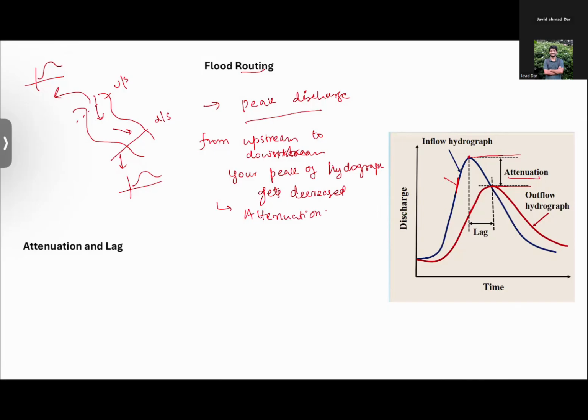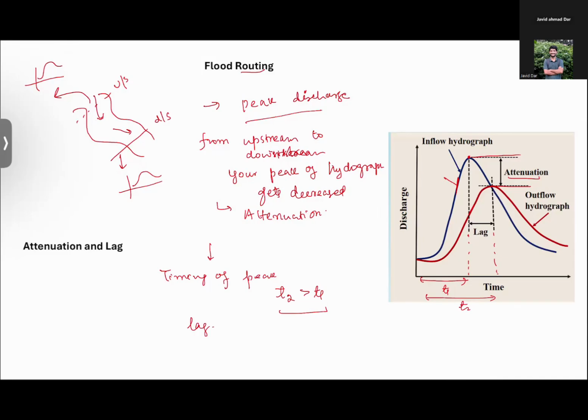And the second thing that happens is the timing of the peak. Initially, for the inflow hydrograph, this peak was attained at time t1. Now for the outflow hydrograph, the peak will be at time t2. So t2 will always be greater than t1, and the time difference is defined as lag.